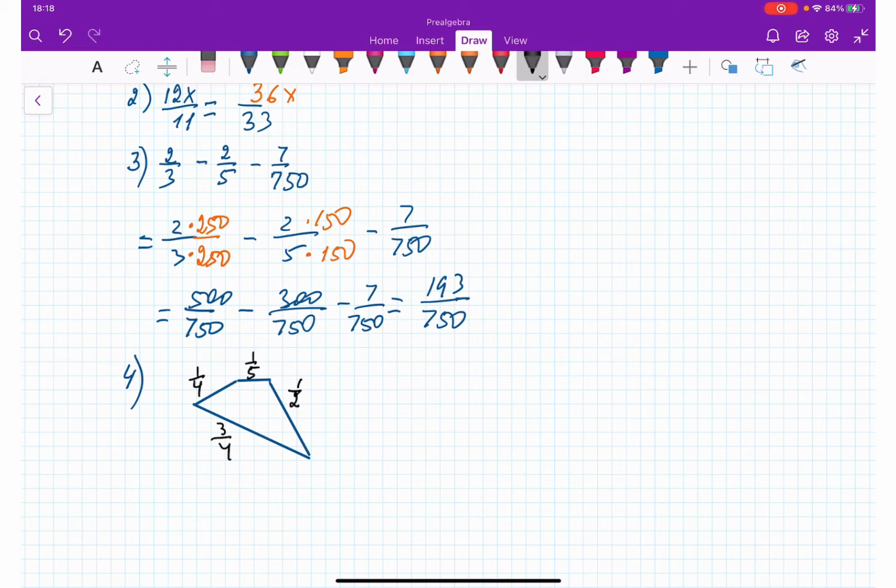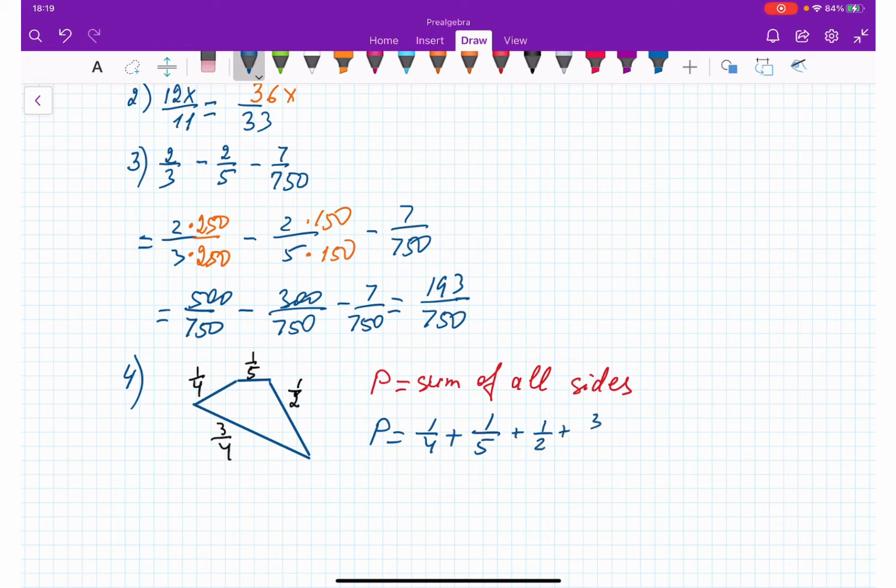Okay, so if we need to find the perimeter, it can't be anything easier than that. Perimeter is equal to the sum of all sides. So from here, perimeter is equal to 1/4 plus 1/5 plus 1/2 plus 3/4.